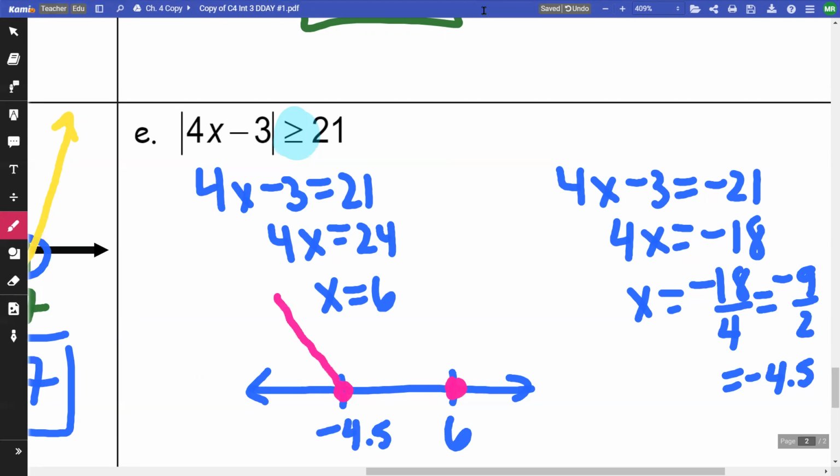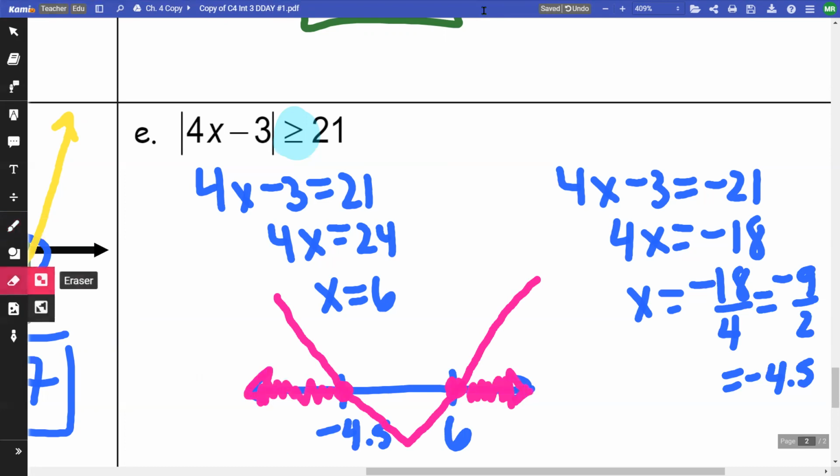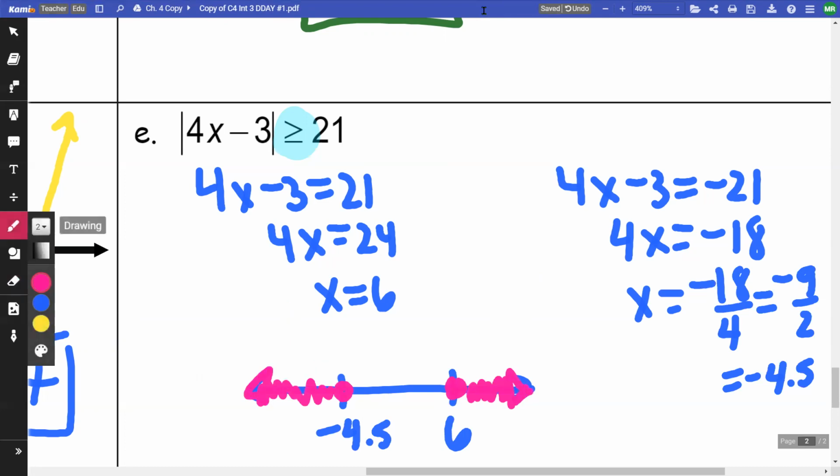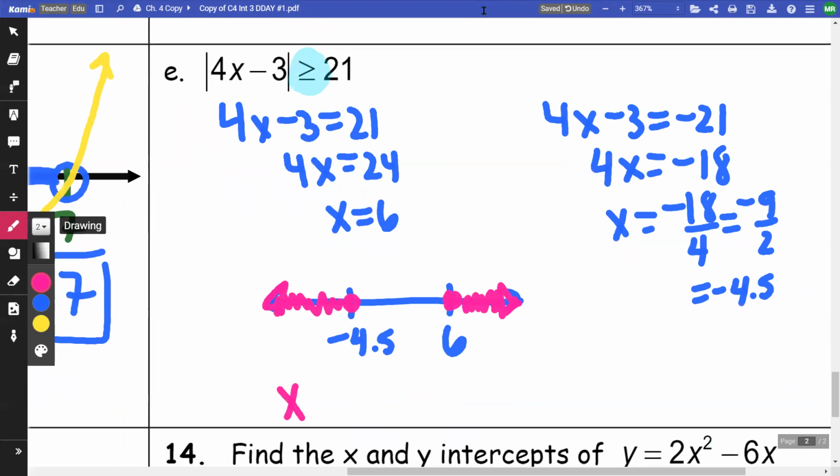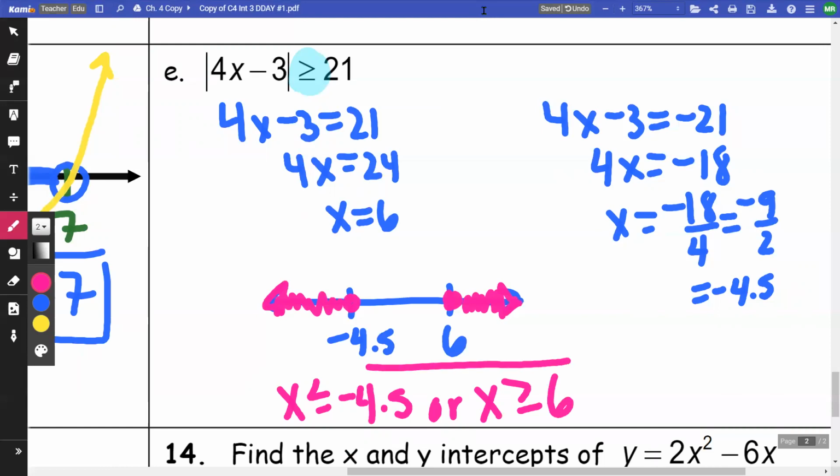So above, above, at, below, below, below, at, above, above. So I am going to be shading everything on the outside. And then my answer is going to be x is less than or equal to negative 4.5, or x is greater than or equal to 6.